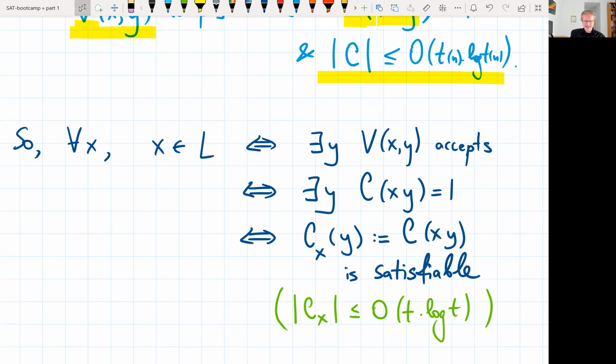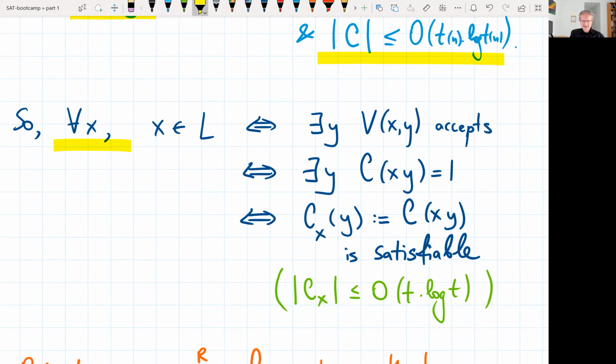Now it's very simple. So for every x, by the definition of L, we know that x is a yes instance of a language L, of a problem L, if and only if there exists a witness y that makes the verifier V on x and y accept. Since the circuit faithfully simulates the verifier, it's the same as there exists a y, such that the circuit C on inputs x and y outputs 1.